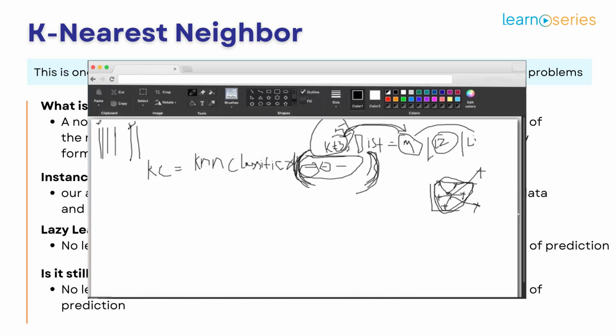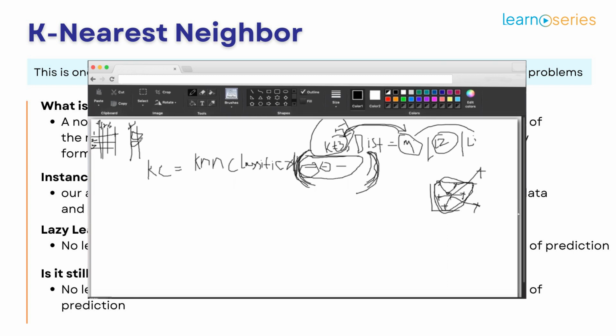Assume this is x1, this is x2, this is x3. These features are there and these are the records: this is the first person or first record, this is second, this is third, and based on that these y values are also given.